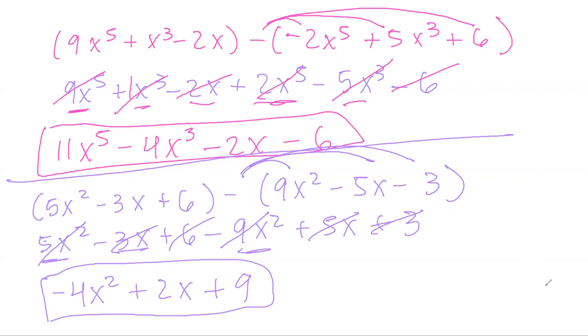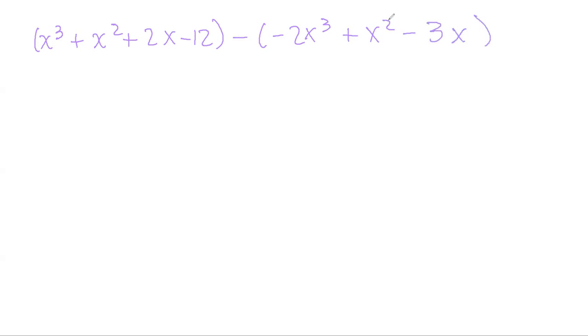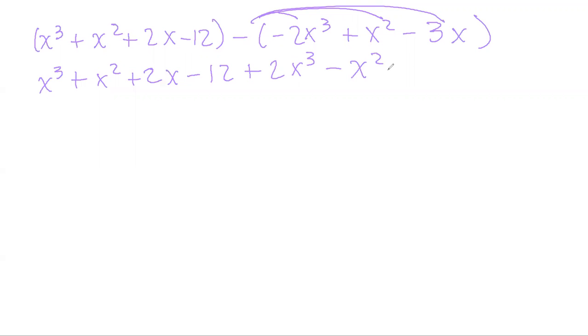Okay, and then just one more example of the subtraction. Okay, and again, just distributing that minus first, so drop down the first polynomial, and then distributing that, so I get plus 2x cubed minus x squared, and then plus 3x.